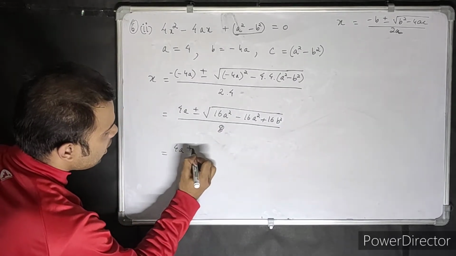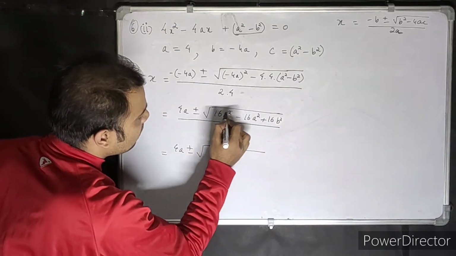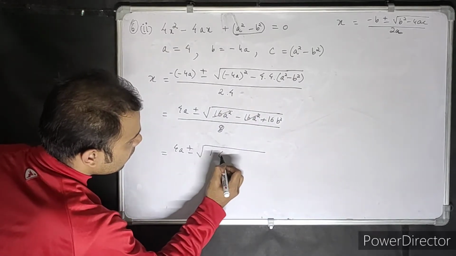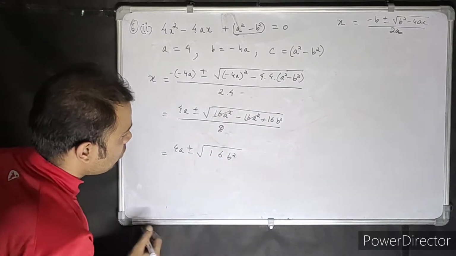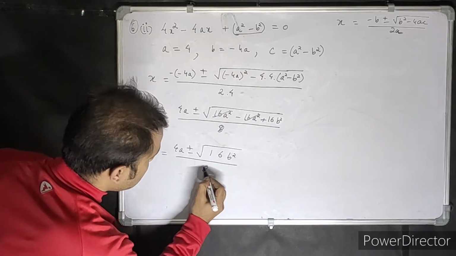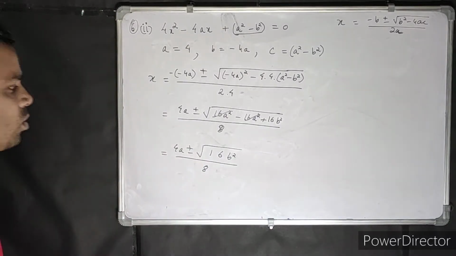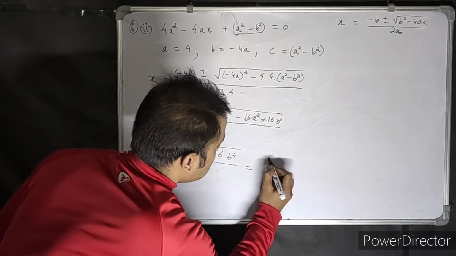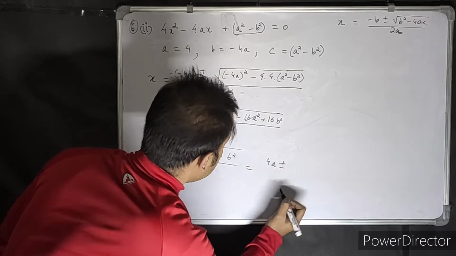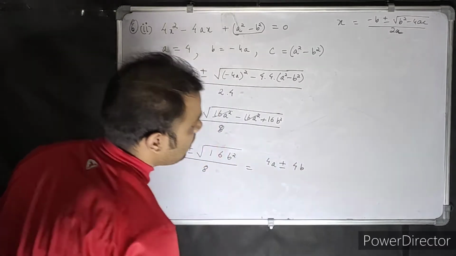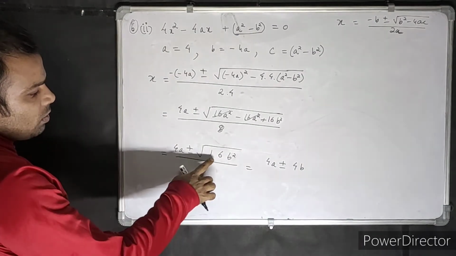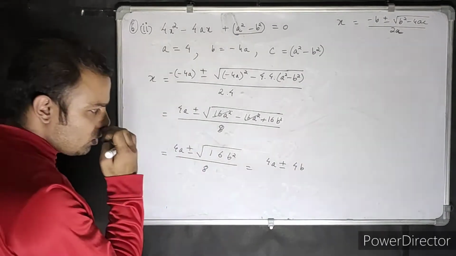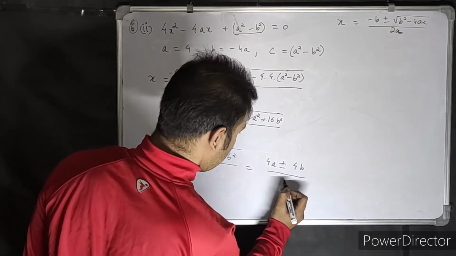Now let's take this out of the root. So this is 4a plus minus 4b. Check it out: 4 4s are 16, 4 came out, b square also came out of the root. Whole thing divided by 8.